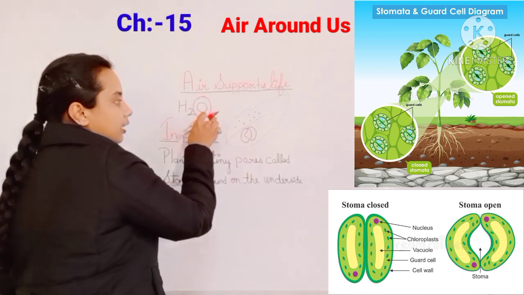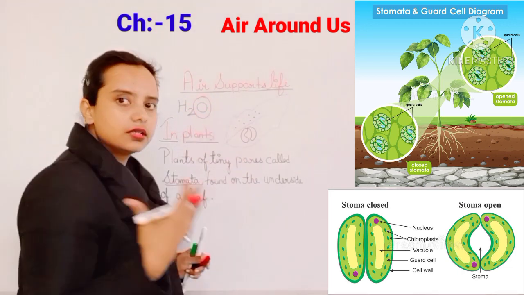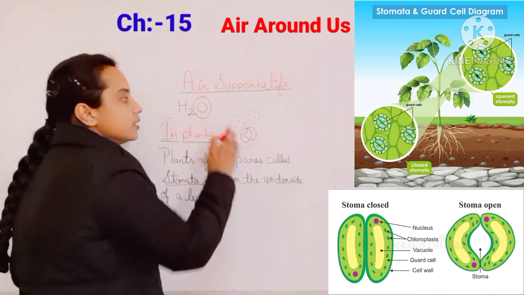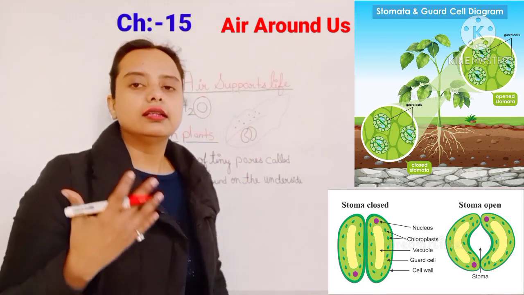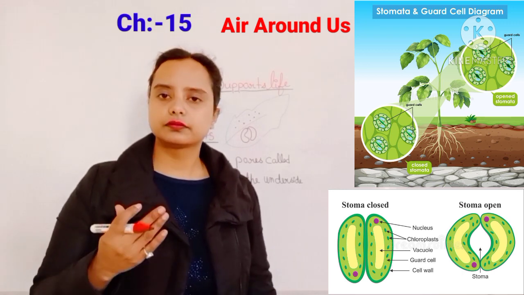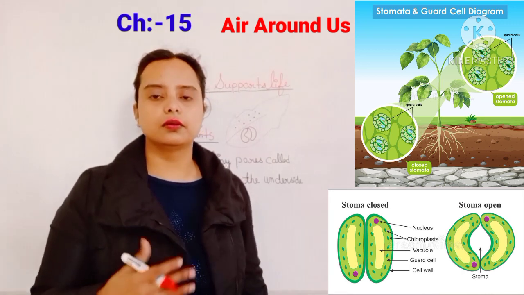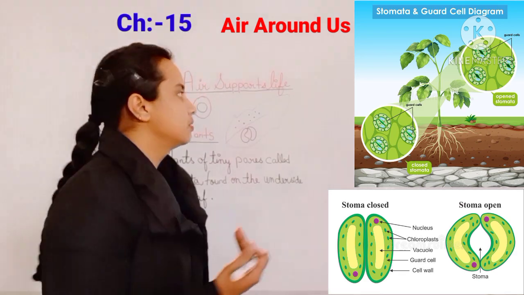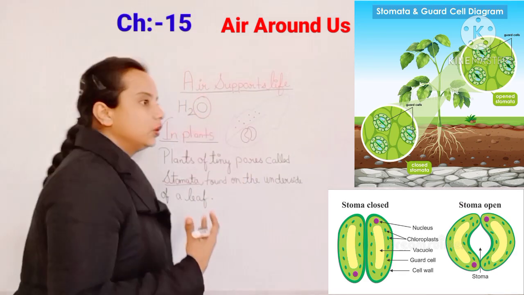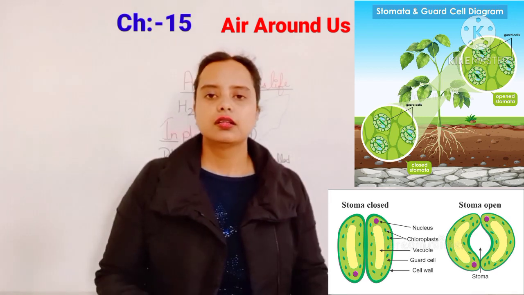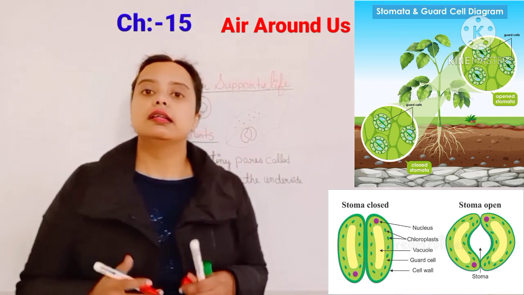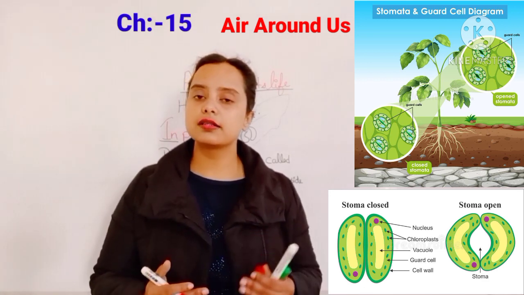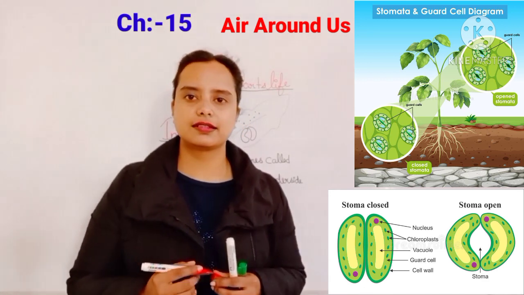This oxygen is utilized by the plants under the water, which are known as aquatic plants. So this is how air supports life in plants. Now let's see how air supports life in animals.